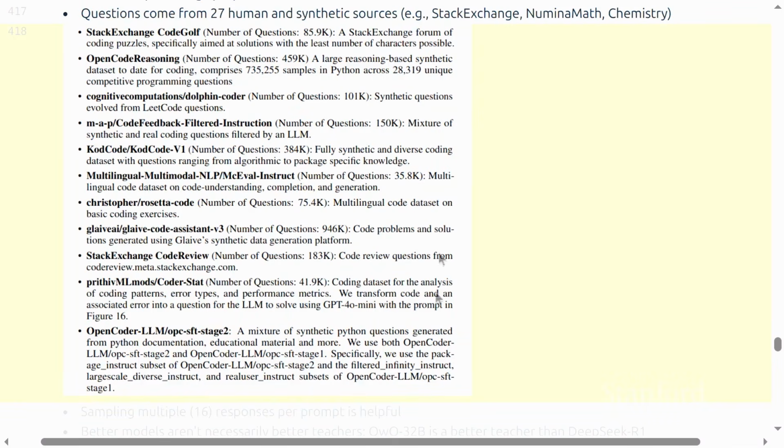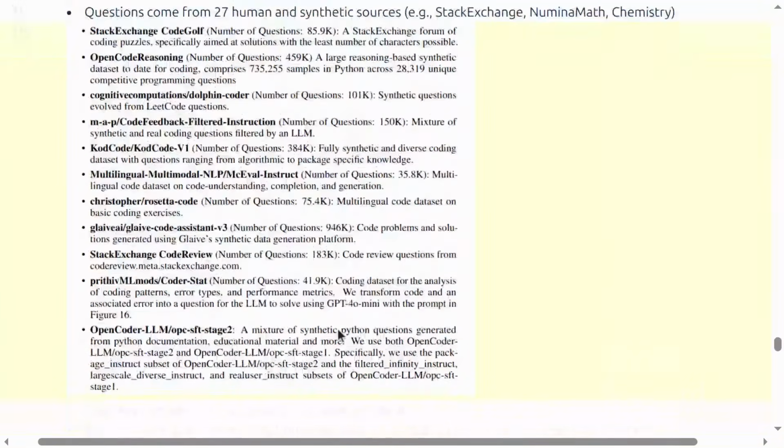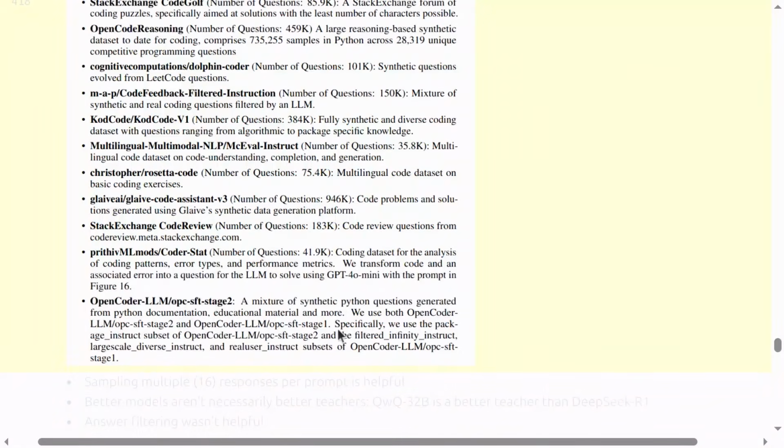You can see that some of these are coding exercises. Some of these are more realistic things that show up. I guess code golf is not realistic, but there are some more realistic examples here. Code review is probably more realistic. They did a fairly comprehensive analysis of, given this dataset, how do you generate responses?